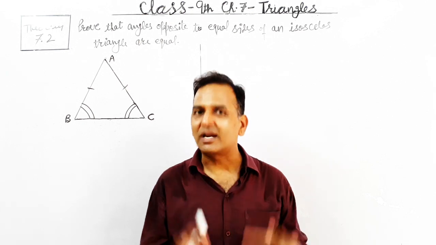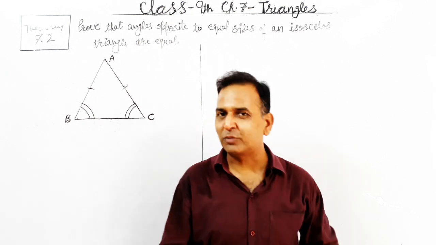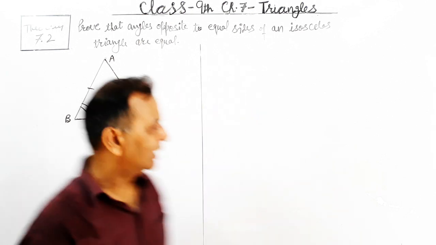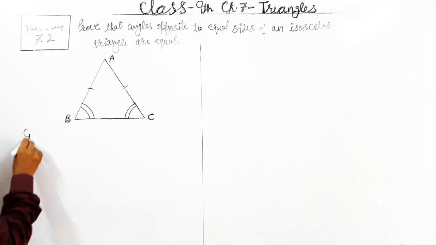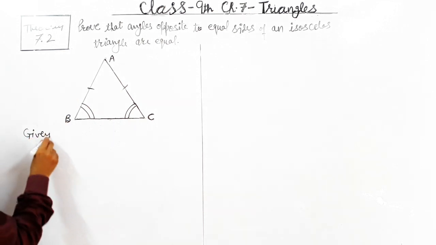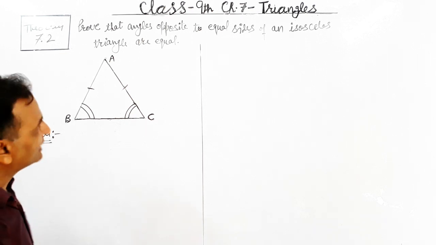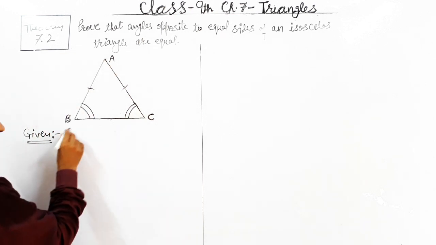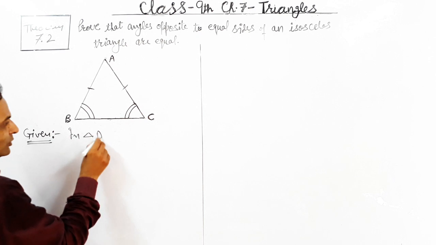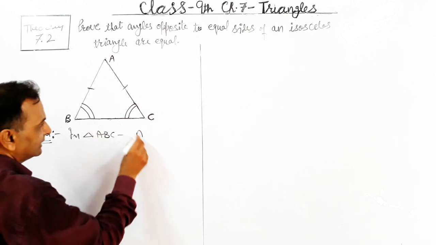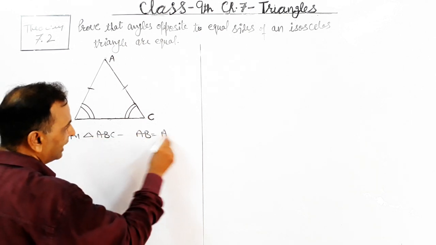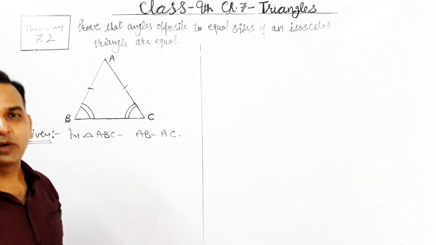Okay, so let us start by writing the first step of the solution, that is Given. So what has to be written in this Given? Check the statement and try to understand what is given to us in the statement. In this statement, we can write down: in triangle ABC, the two sides, that is AB and AC, are equal to each other.